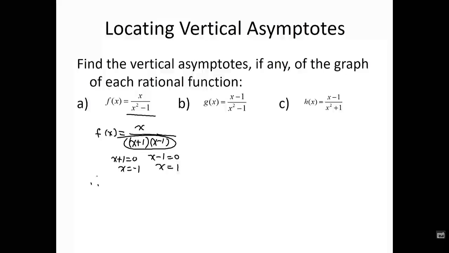Therefore, we say that the lines x is equal to negative 1 and x is equal to 1 are the vertical asymptotes.